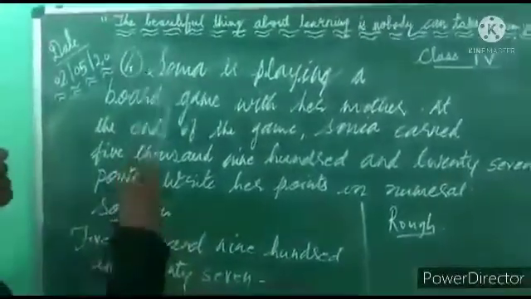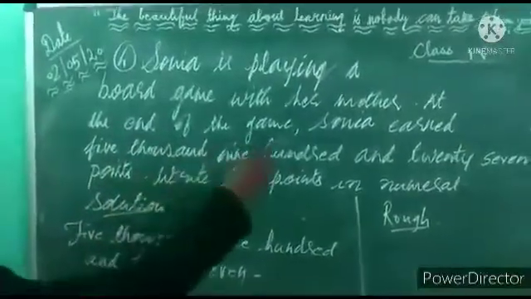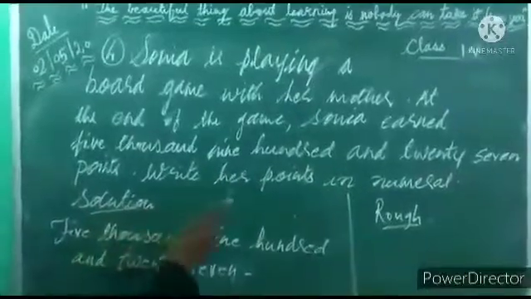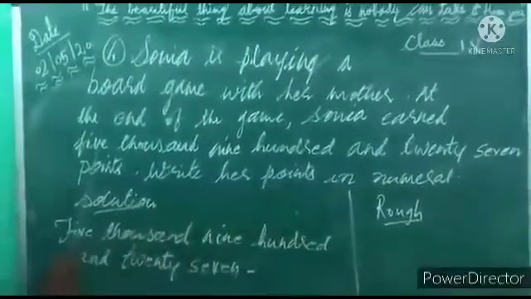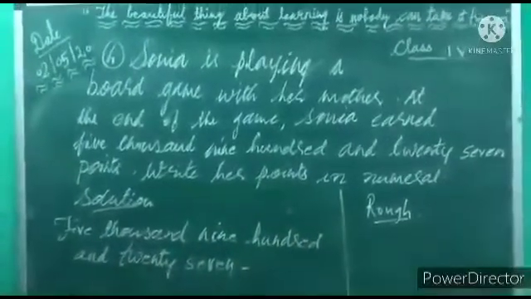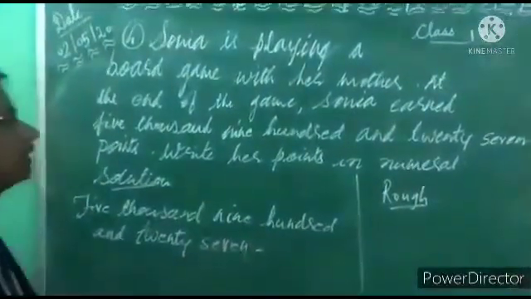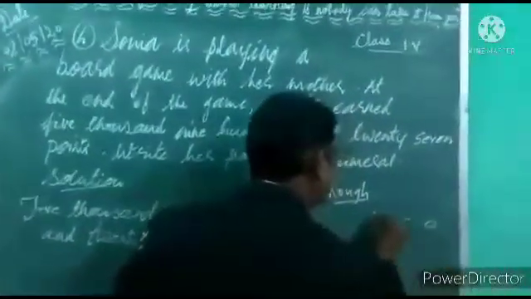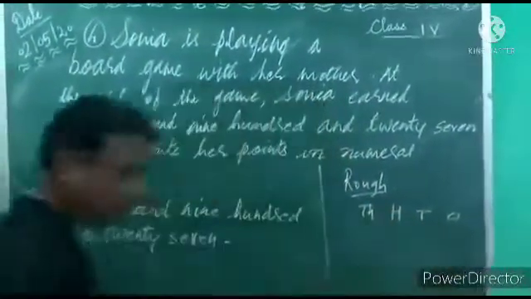And question number 4. Sonia is playing a board game with her mother. At the end of the game, Sonia earned 5,927 points. Write her points in numeral. Here we have ones, tens, hundreds, thousands. Below thousands, which number will we get? Place value of thousands is 5, so write 5. Place value of hundreds is 9, so write 9 below hundreds. And 27.